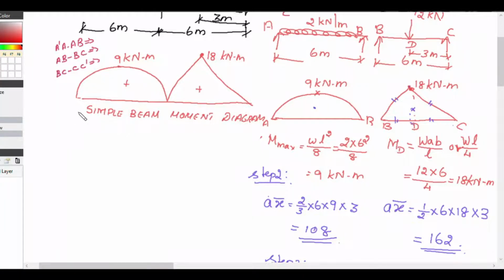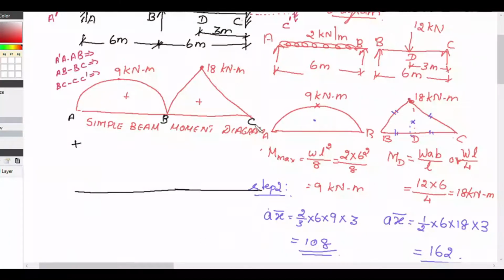First of all we will draw the fixing moment diagram. At A, B and C, MA is minus 5.25, so it is 5.25 kilonewton meter. MB is 7.5, greater than this, 7.5 kilonewton meter, and MC is minus 9.75, greater than this, 9.75 kilonewton meter.